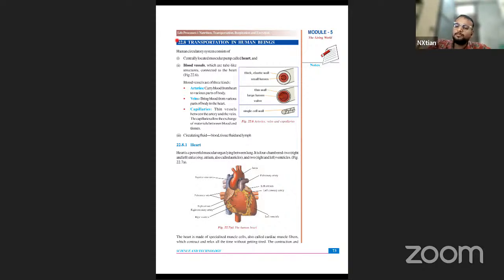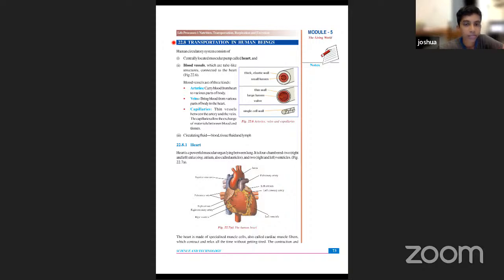The human circulatory system consists of a centrally located muscular pump called the heart and blood vessels, which are tube-like structures connected to the heart. Blood vessels are of three kinds.